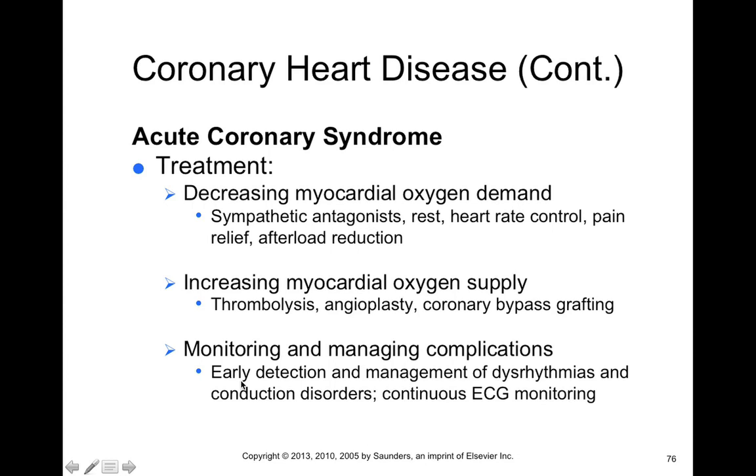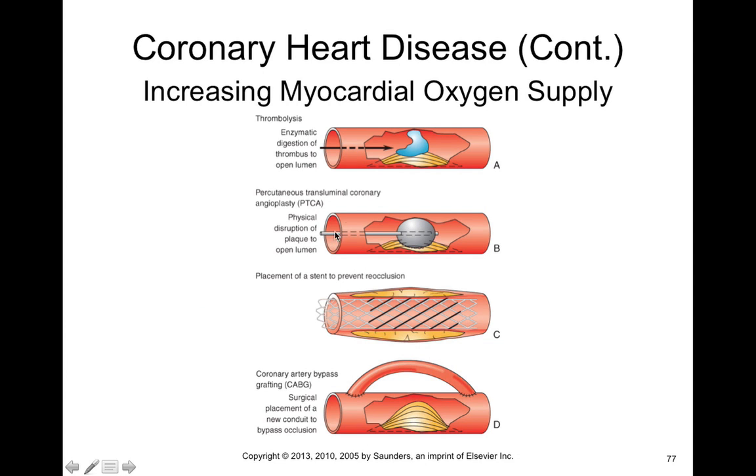Now, this slide is showing a summary of the different treatment options for acute coronary syndrome. There are different drugs that can enhance enzymatic digestion of thrombus, which can help break apart a blood clot and allow blood to move and help reduce any ischemia that may have occurred.